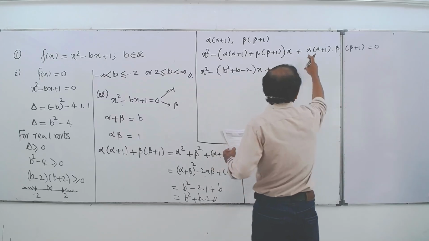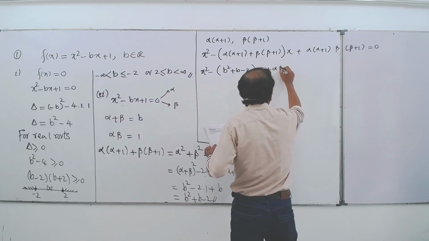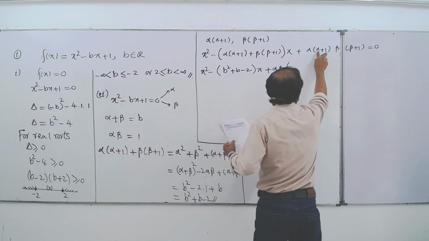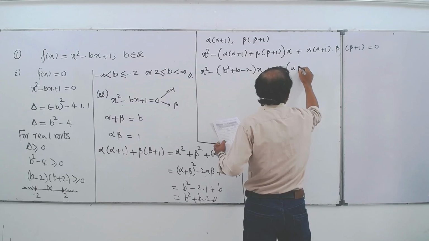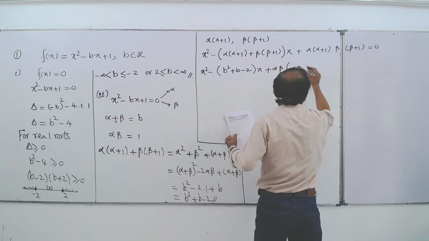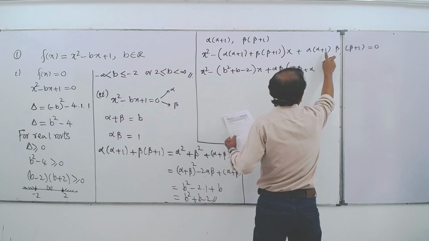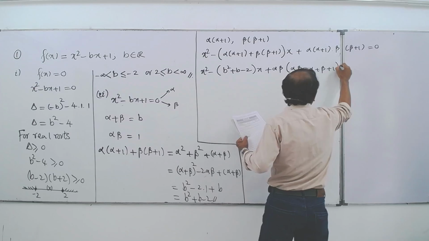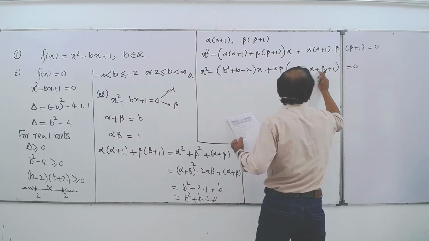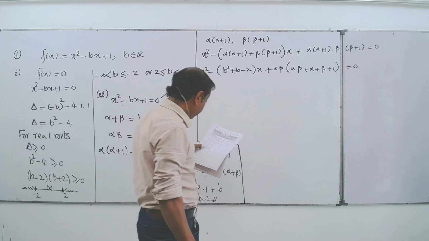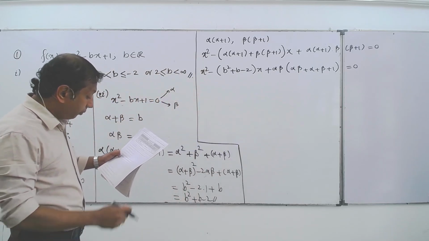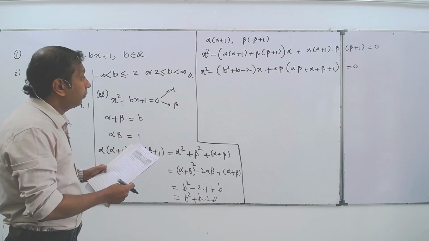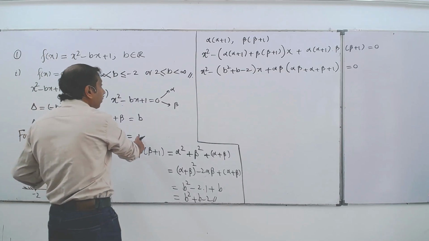Here beta. Then this and this we have to open the bracket. Alpha and beta, alpha and 1 alpha, 1 and beta beta. Okay, now we can substitute there. Alpha beta product is 1.